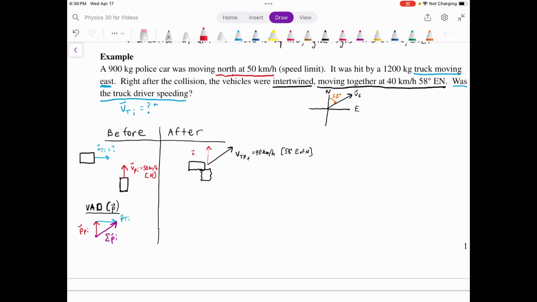That's V truck police final Y. This is the X component, V truck police final X. Whoops, I forgot to put a Y here. That's the Y component. Right? So it's just saying if it's moving 40 kilometers per hour at that angle, well, that means it's really moving this fast to the north and this fast to the east. It's just doing both of those things at the same time, right?